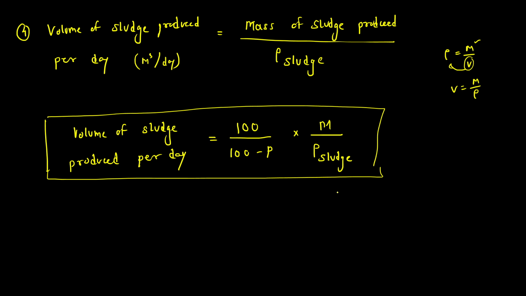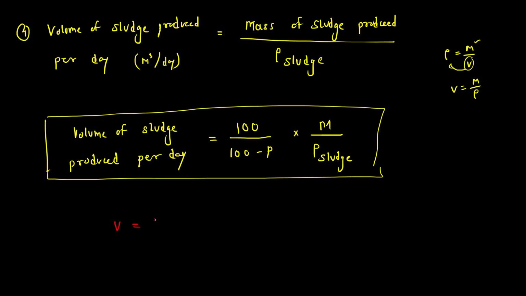This is a very important formula for the calculation of volume of sludge. Now, if there is a very small change in moisture content, then in the sludge digester process, we can get a relation. This volume we will denote with V1 and V2.